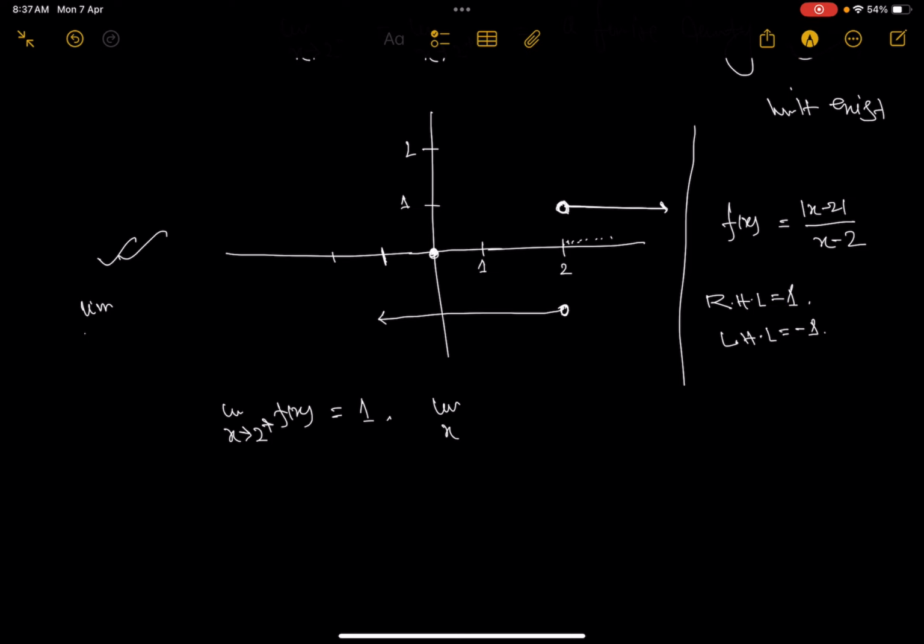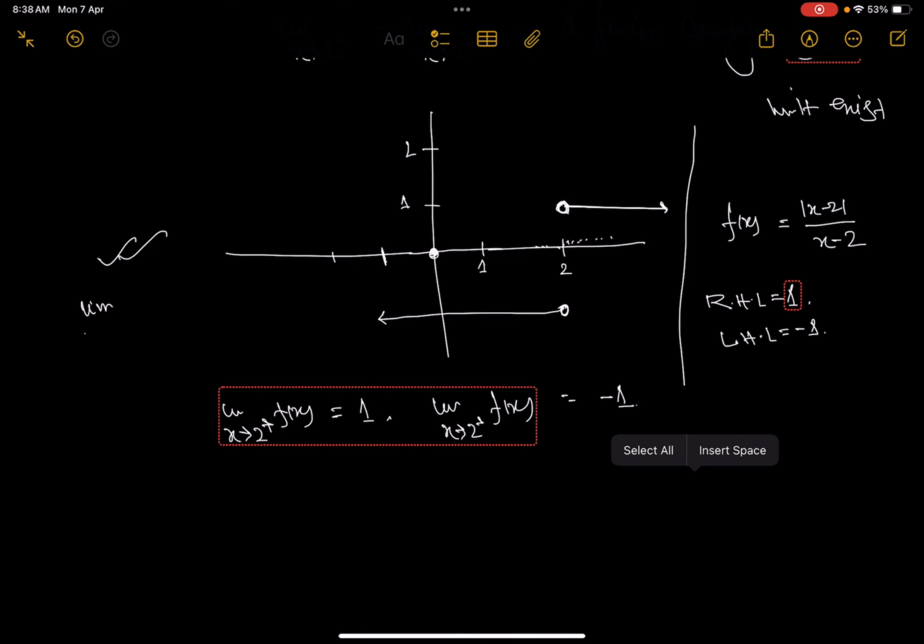Limit x tends to 2 minus f of x, the function value goes to -1. So by the graphical idea, we can always find the limit value.